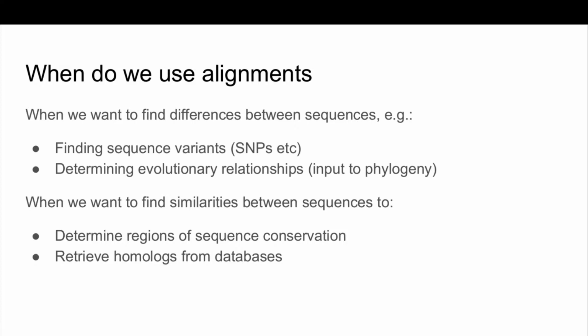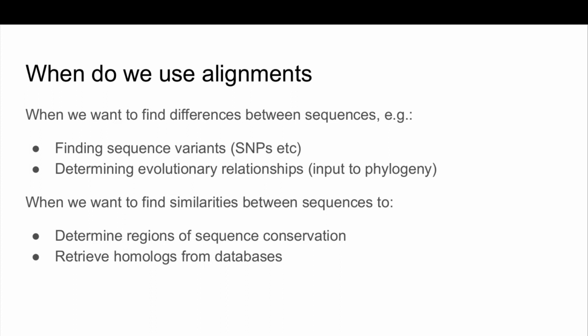We use sequence alignments when we want to find both similarities and differences between sequences. The differences are useful, for instance, when we want to find sequence variants like SNPs, or if we want to determine evolutionary relationships between known related sequences. This is normally as an input to, for instance, phylogeny. You can also use it the opposite way, when you want to find the similarities between different sequences.